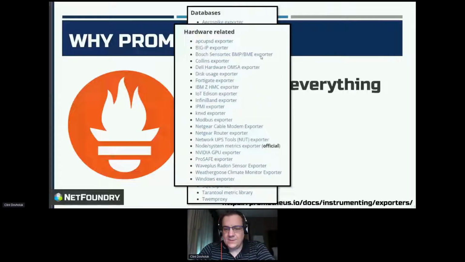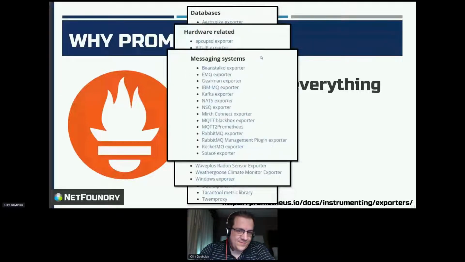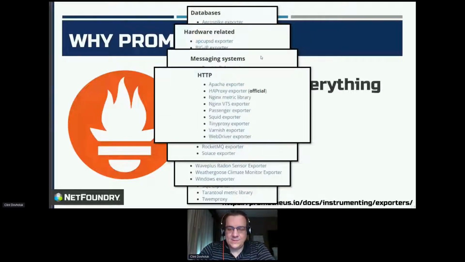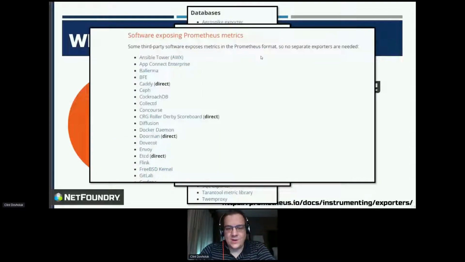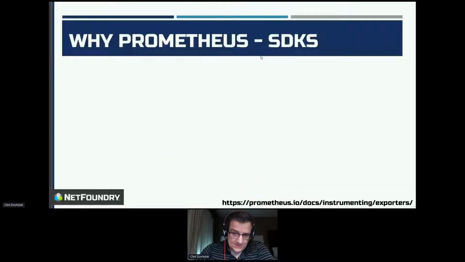Look at the hardware that Prometheus supports. There's a bunch more. Look at the messaging systems that Prometheus supports. Look at the HTTP servers. If you go there and look at the exporters, it goes on and on and on. And then there are also whole other platforms and solutions that provide Prometheus metrics out of the box because it's such a popular project.